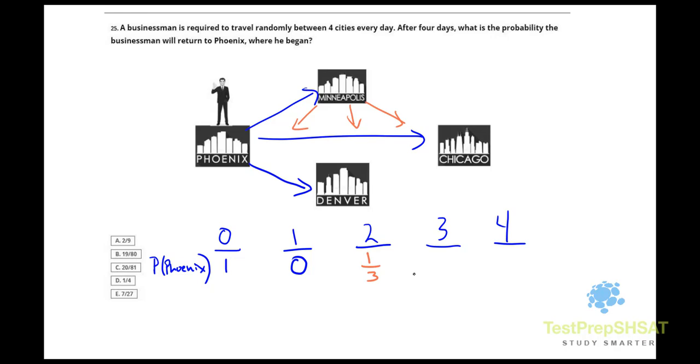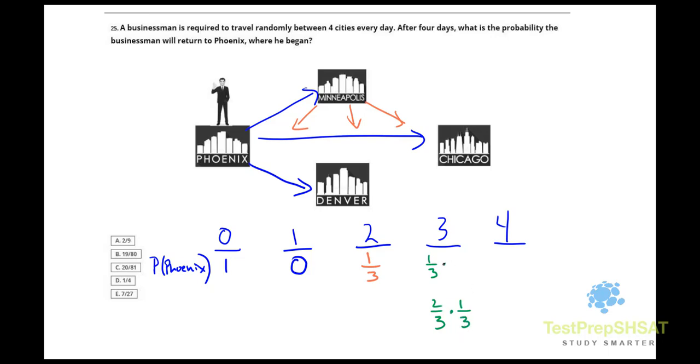Well, what about day 3? On day 3, there's a 1/3 chance he's in Phoenix, and there's a 2/3 chance he's somewhere else. If he's anywhere not in Phoenix, there's a 1/3 chance he's going to go back to Phoenix.